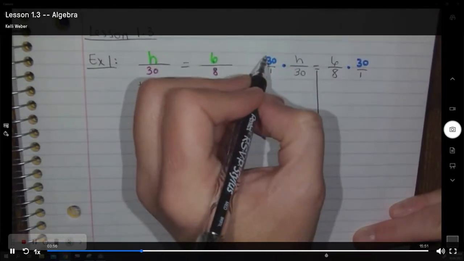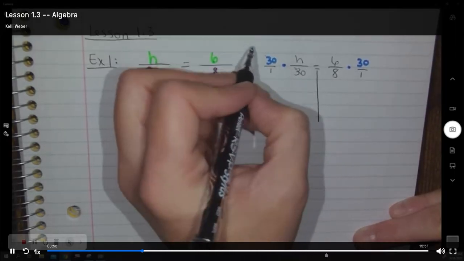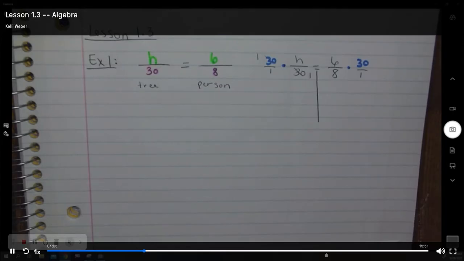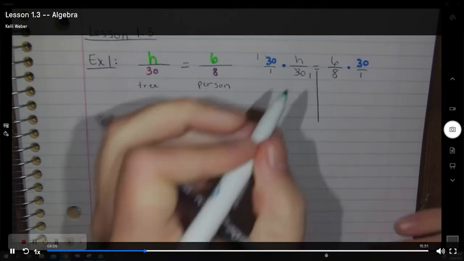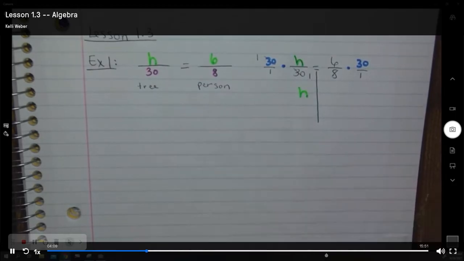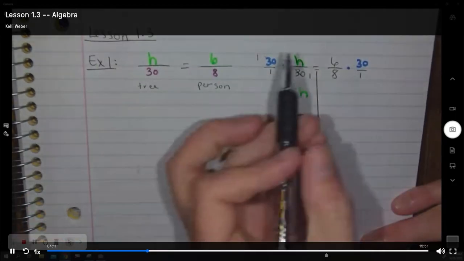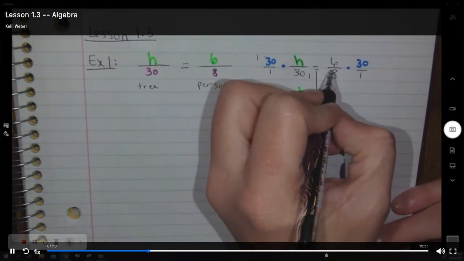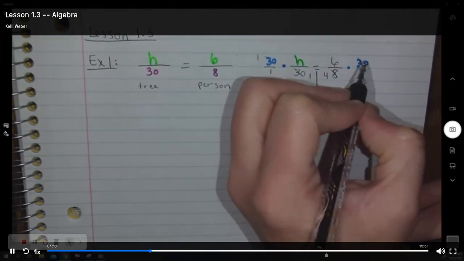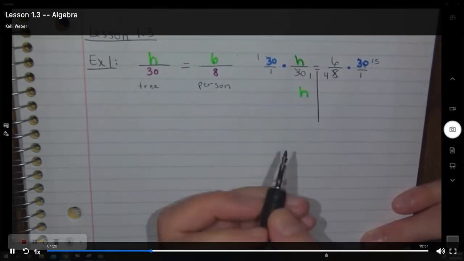All right, so 30 and 30 will cross cancel. 30 goes into 30 once, 30 goes into 30 once, which means that I have H left on the left-hand side here. I can also cross cancel 8 and 30, so we can reduce them by 2. 8 divided by 2 is 4. 30 divided by 2 is 15.